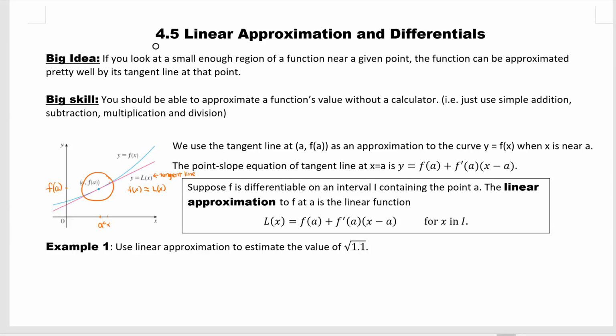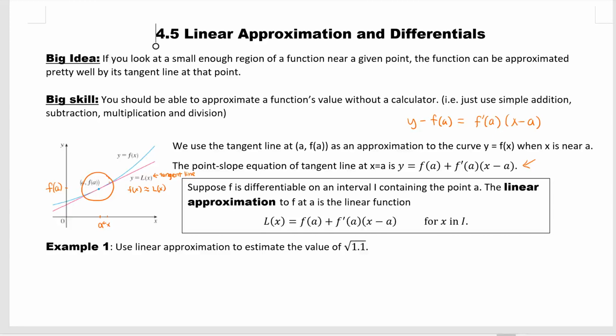Well, if you can remember, the point-slope form was y minus y of a, that's the y coordinate of that point, equals the slope times x minus a. So y of a is the same as f of a. So we add f of a to both sides, and we get this. So this is our linear approximation, okay?